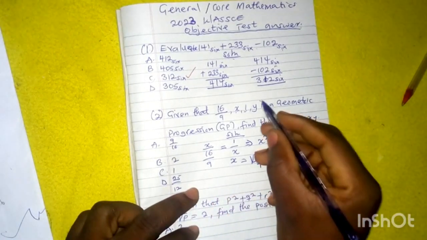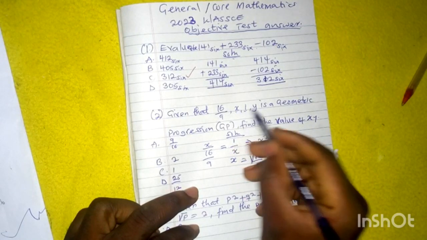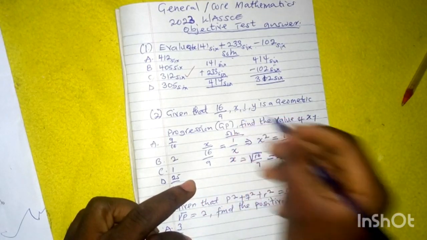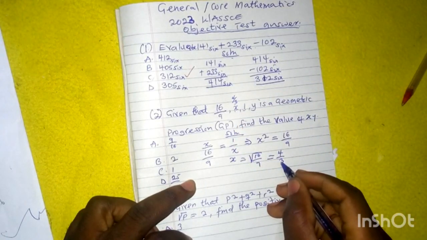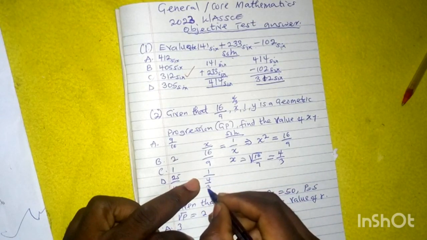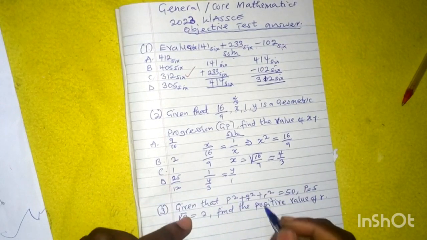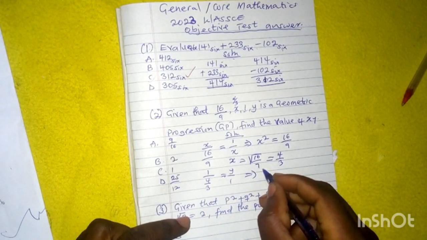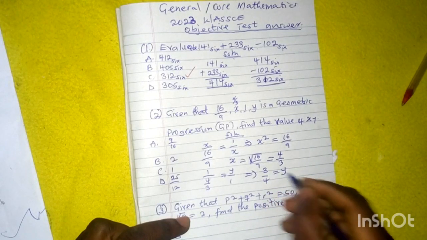Let's now go to y. So y will be 1 over x equals y over 1, and x is now 4 over 3. So it will be 1 over 4 over 3 equal to y over 1. But 1 over 4 over 3 is the same as 3 over 4, equal to y.